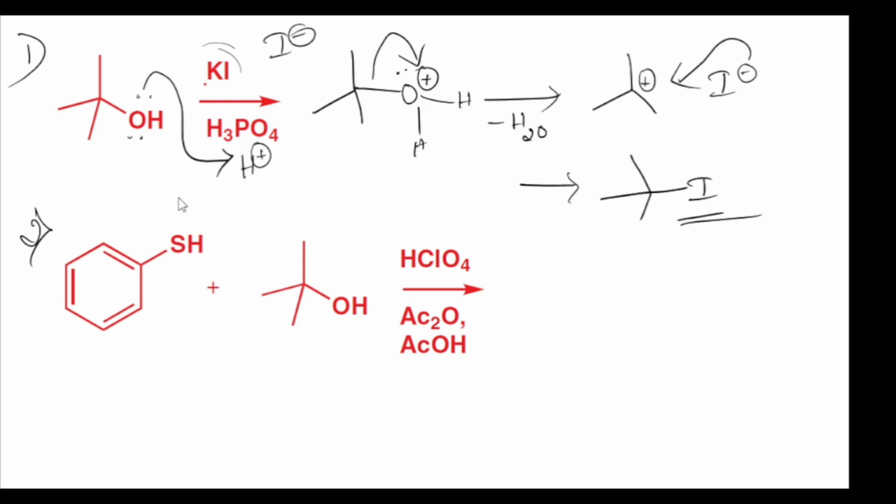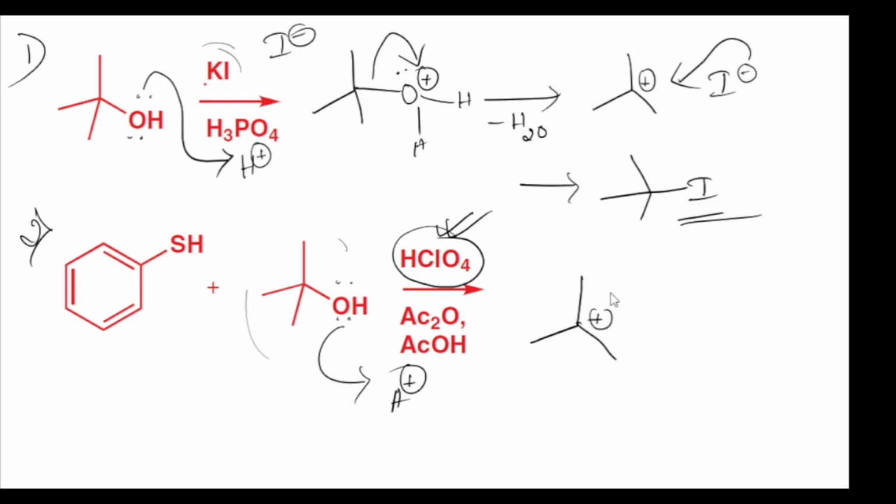Now here we are seeing two reactants. Here we are getting tertiary butyl alcohol. This is perchloric acid. This is the king of acids, correct? It has a pKa of -10. Here it will give an H plus proton, and the same thing happens over here, leading to the formation of a tertiary carbocation like this.